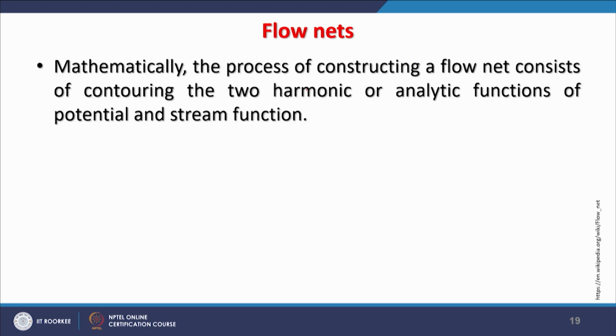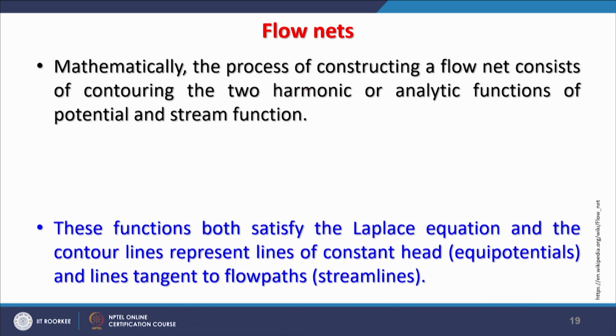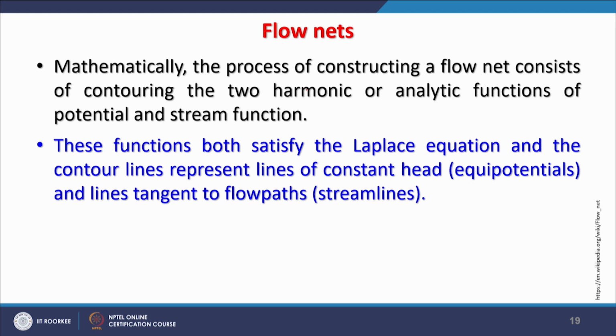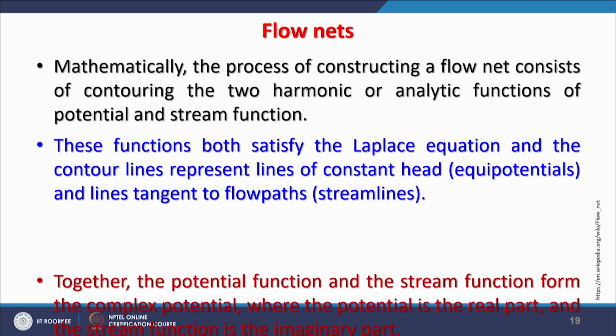Mathematically, the process of constructing a flow net consists of contouring the two harmonic or analytic functions of potential and stream functions, and these two functions satisfy the Laplace equation. The contour lines represent lines of constant head, equipotential lines, and these lines are tangent to the flow paths, that is streamlines or flow lines.